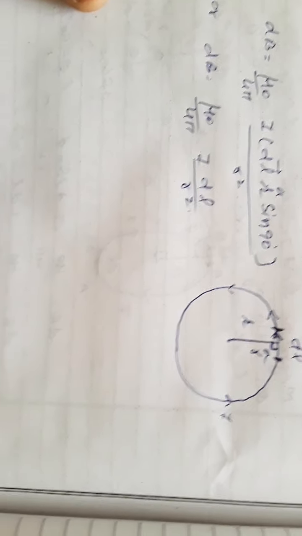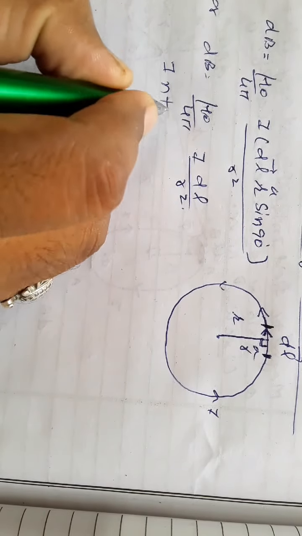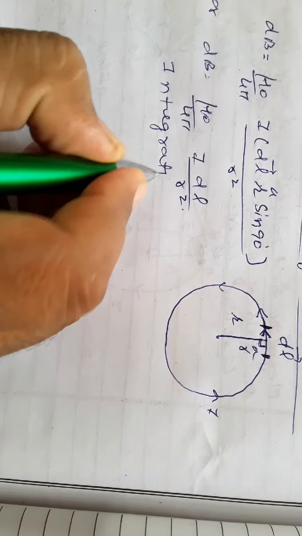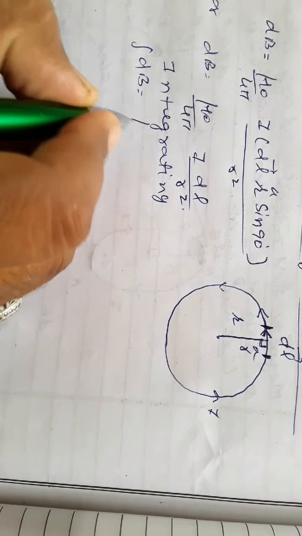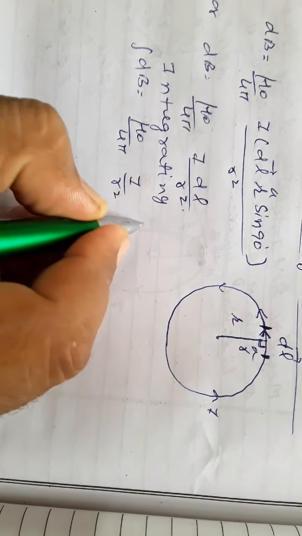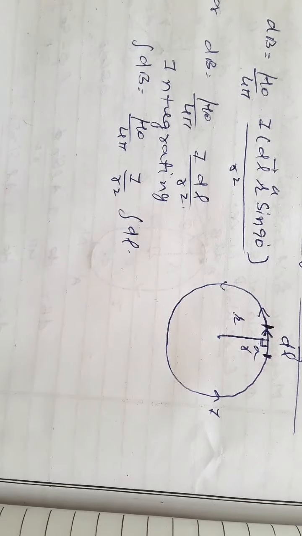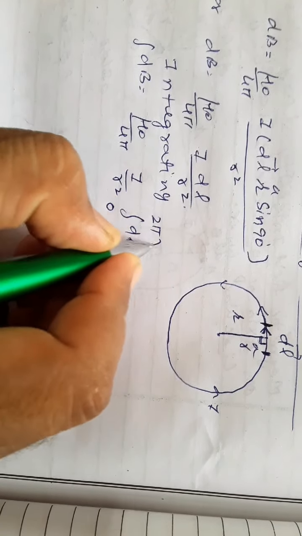Now, the total magnetic field intensity can be calculated by integrating dB is equal to mu naught upon 4 pi into I upon r square into dl. Now, we can integrate within the limit 0 to 2 pi r.